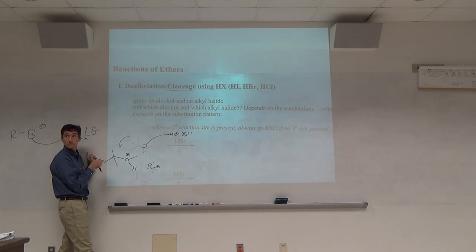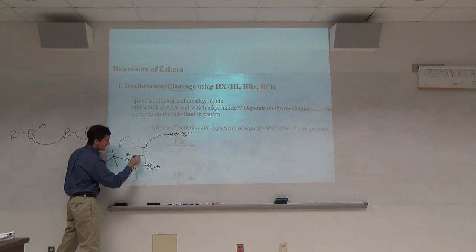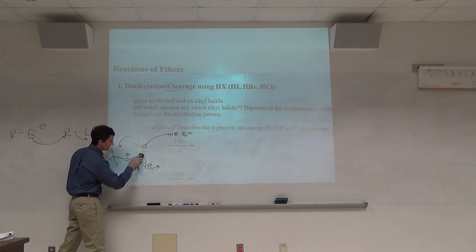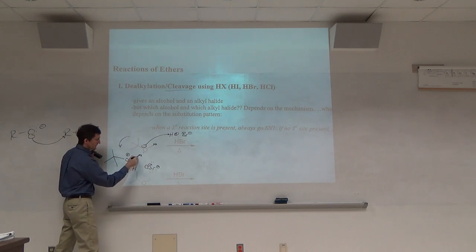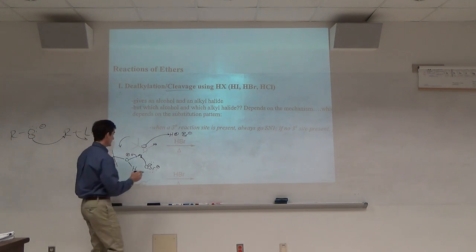Sure. Let's do that. Let's show two different products. This attack here, that's a methyl it's attacking. See, it almost looks like it's naked. Let's draw in a methyl. This attacks the carbon in the methyl, kicks off the oxygen. Is that very reasonable? That's just a good old SN2.